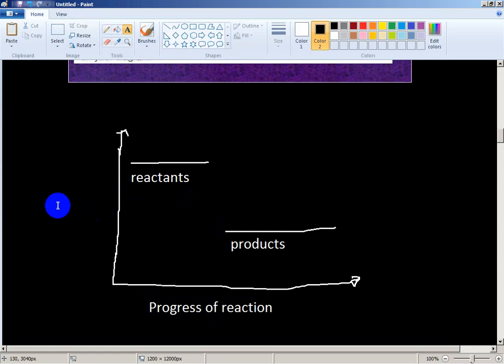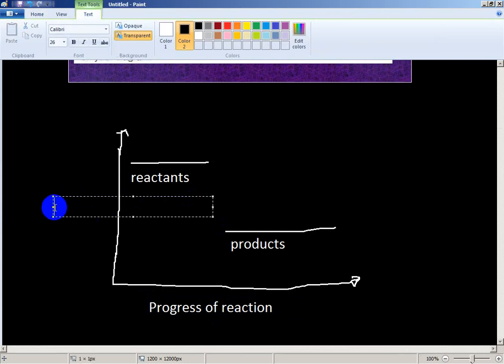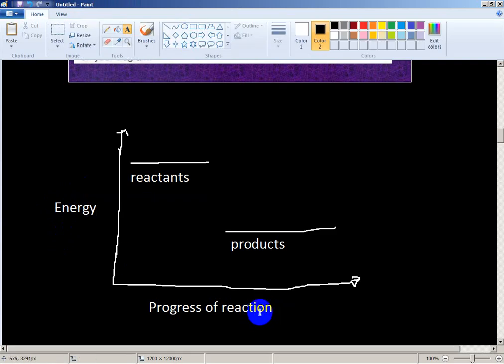Here is the energy. You should label two axes: the Y axis is energy, where energy is increasing, and the X axis is progress of reaction.